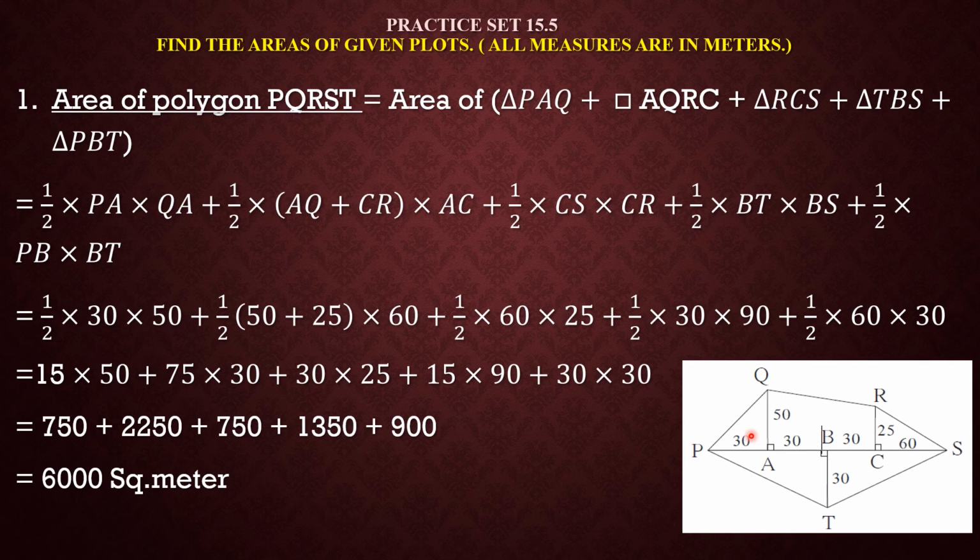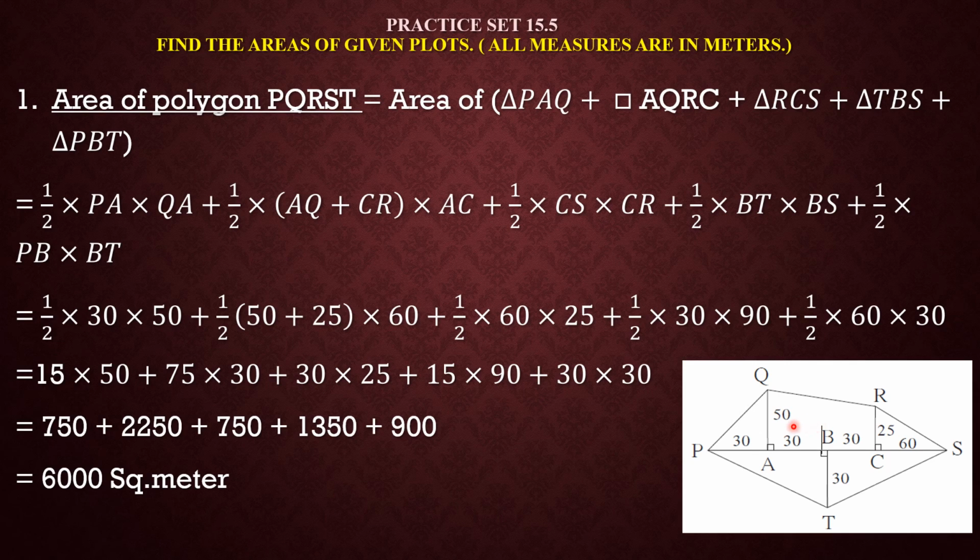This is a right angle triangle. In this triangle PA is the base and the length of PA is 30. QA is the height and the length of QA is 50. So the formula to find the area of triangle PAQ is equal to 1 by 2 into PA into QA, 1 by 2 into base into height.